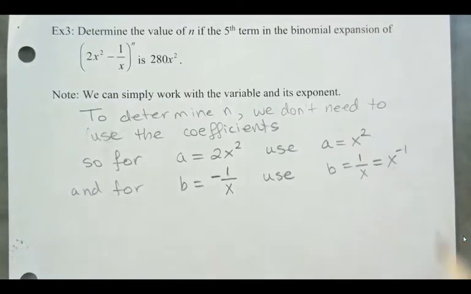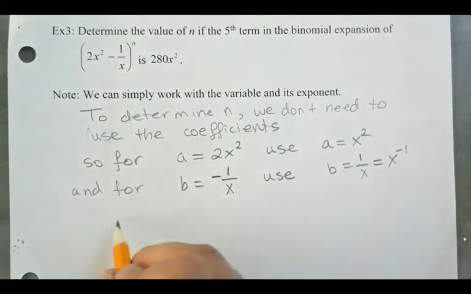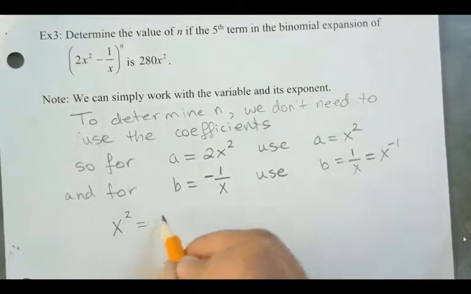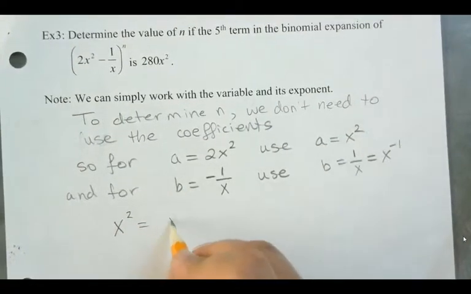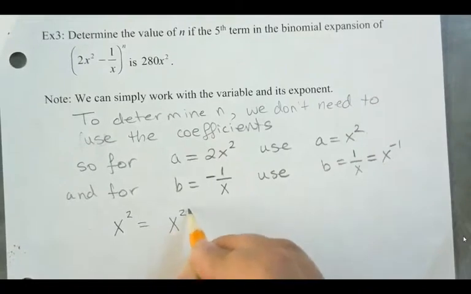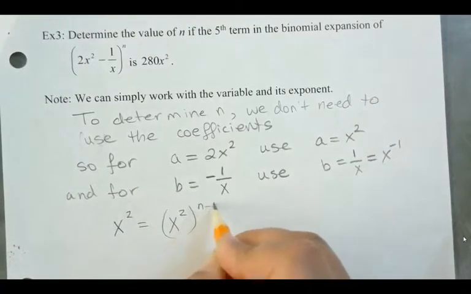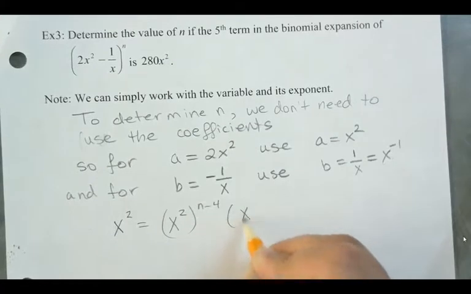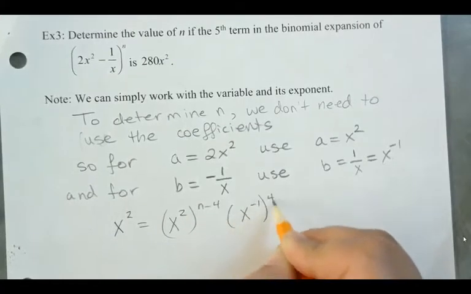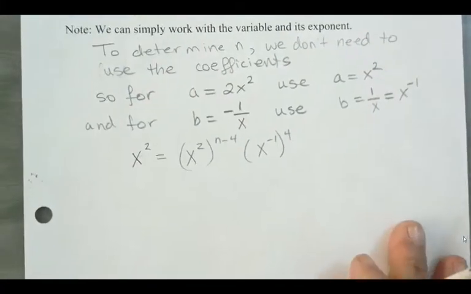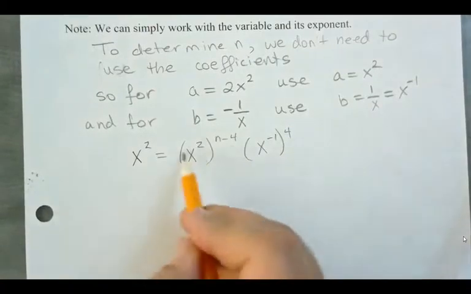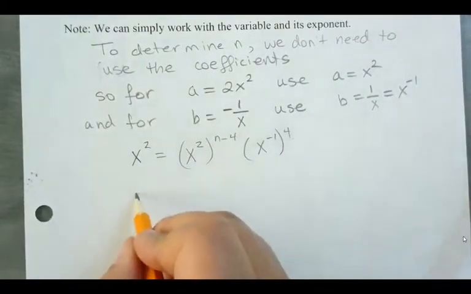All right? Okay, so x^2 is equal to (x^2) to the power of n minus 4, times (x^-1) to the power of 4. All right, so now let's simplify our exponents.